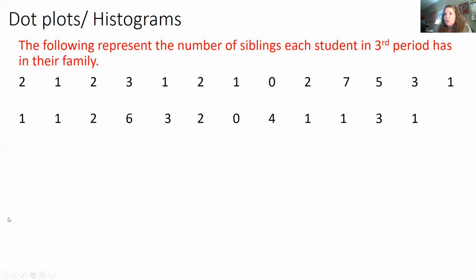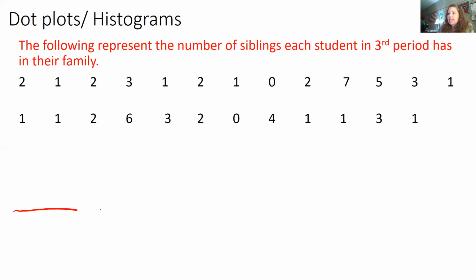All right, so I'm going to show you 2 things. We're going to draw a dot plot, and then with the same information, we're going to draw a histogram, okay? So a dot plot just simply means I'm going to draw a number line from the smallest number to my largest number, and I don't skip any numbers. So I see a 0 and I see a 7.